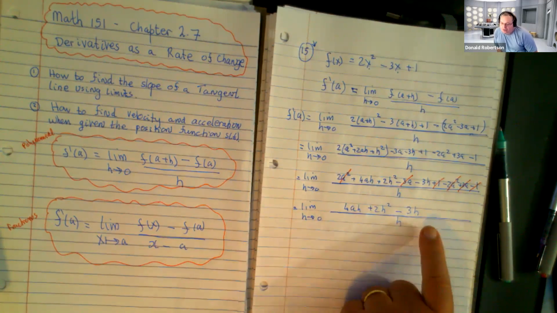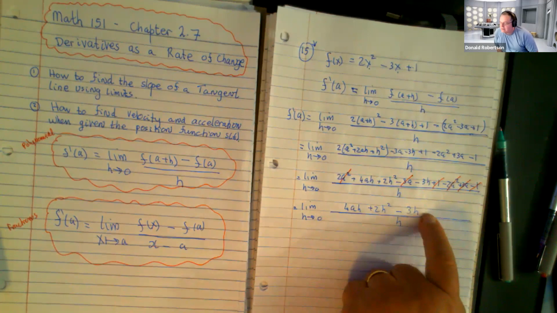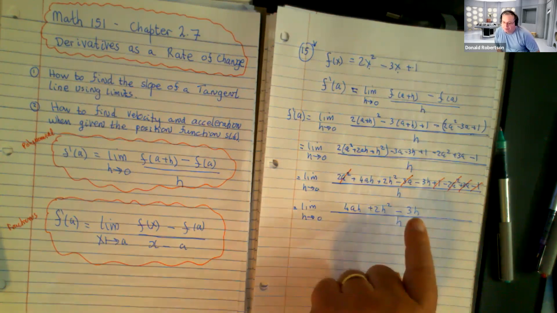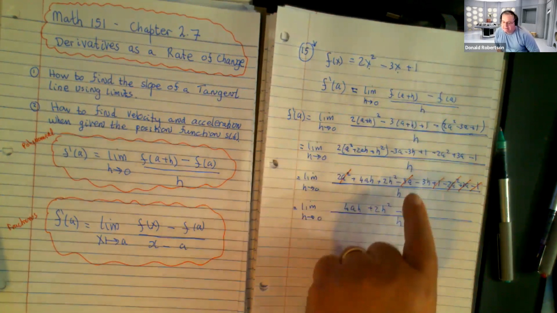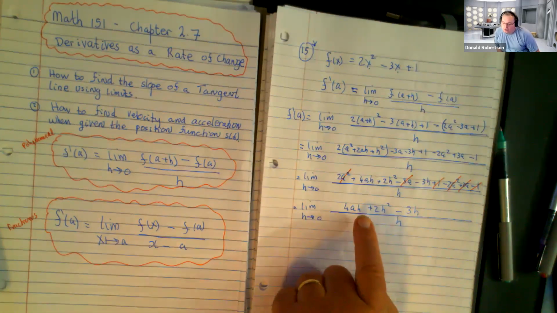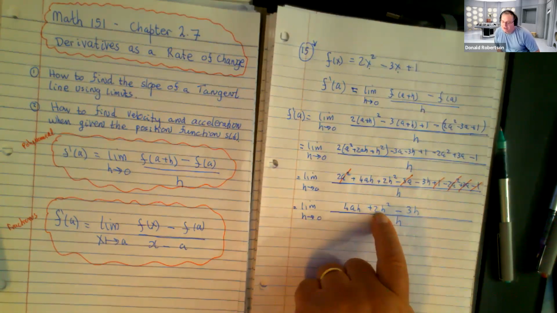If you have a plus 2a left over or a minus 7 left over, something that doesn't have an h in it, stop. You have screwed up. Somewhere between here and here, you forgot to multiply something by 2, or a plus turned into a minus that it shouldn't have. Something is wrong, because there must always be h's in every term.